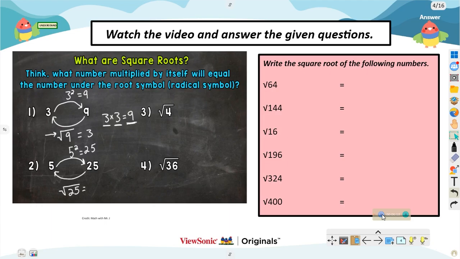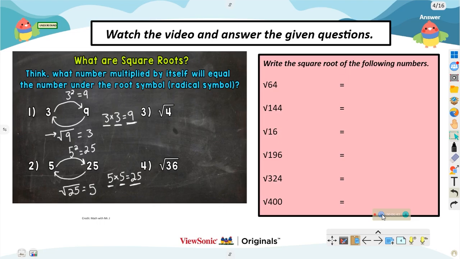Well, we know 5 times 5 equals 25, so the square root of 25 equals 5. A number times itself gives us the number under the square root symbol. So again, the square root of 25 equals 5.